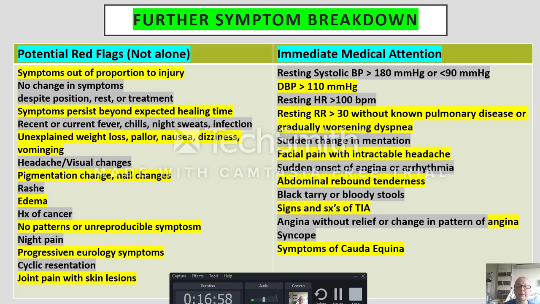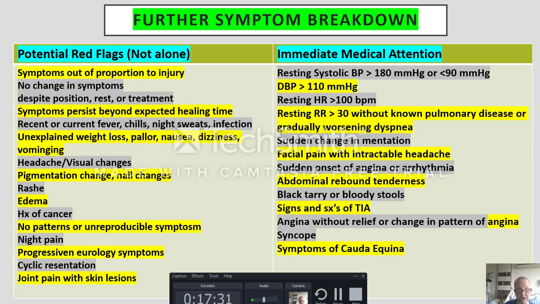Further system breakdown. Potential red flags, not alone. Symptoms out of proportion to injury. No change in symptoms despite position, rest, or treatment. Symptoms persist beyond expected healing time. Recent or current fever, chills, night sweats, infection. Unexplained weight loss, pallor, nausea, dizziness, vomiting.